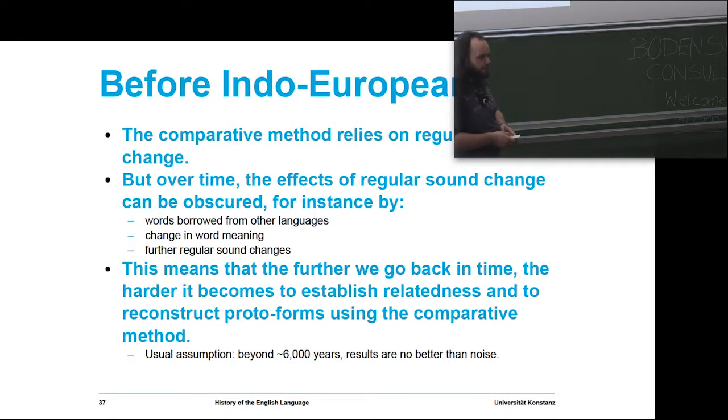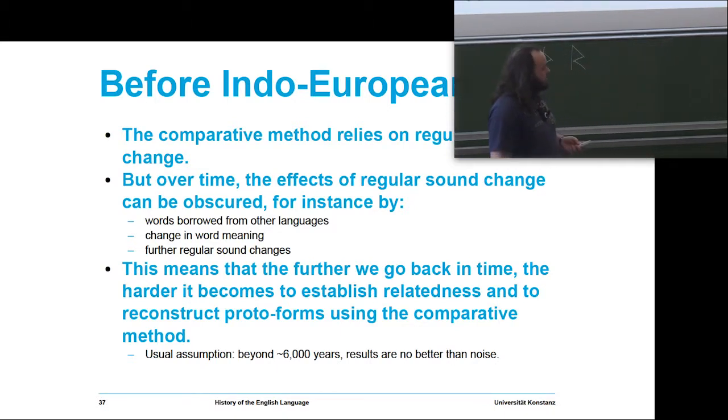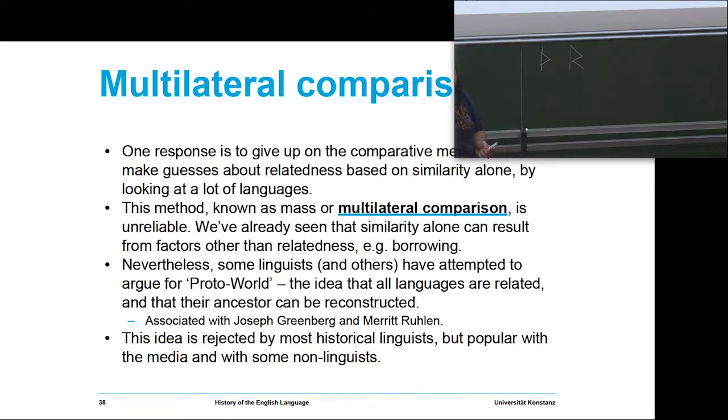We can maybe hypothesize that Indo-European was related to these other languages, but we don't really have any concrete evidence for that that's reliable and robust because we're dealing with such a great time depth that we can't be confident. And so that's the usual assumption. If we go further than 6,000 years back from our records, the results just become no better than noise. So that still leaves us with a big gap.